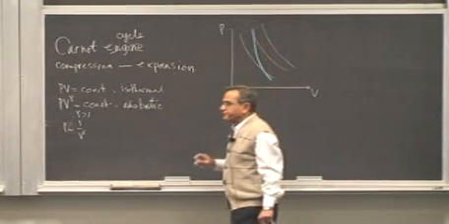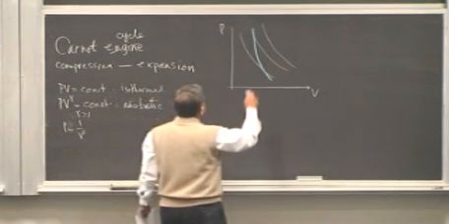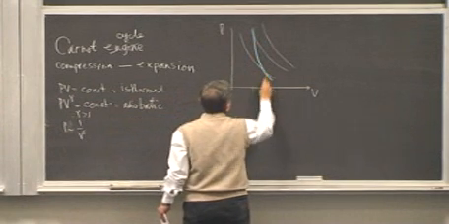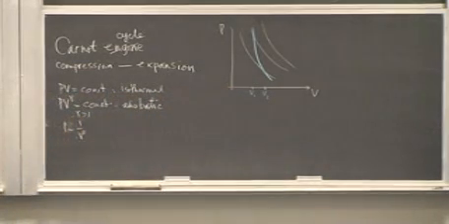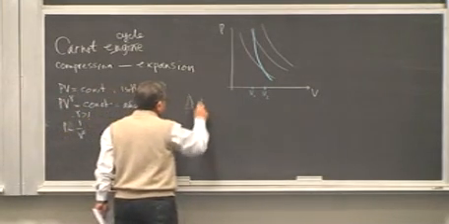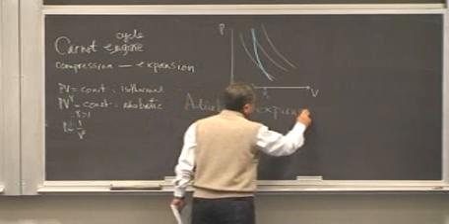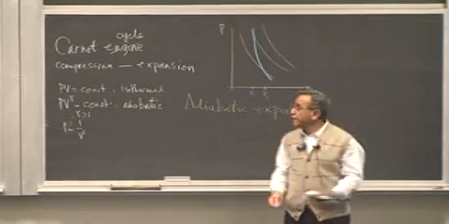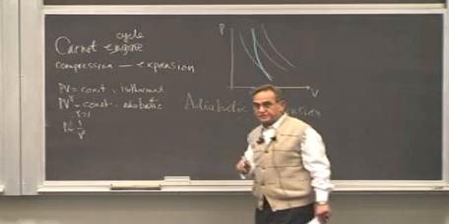In this particular case, the thing that I described in my last lecture was that if you let the system expand from this volume to this volume, V1 to V2, adiabatic expansion takes you from one isotherm to the other.